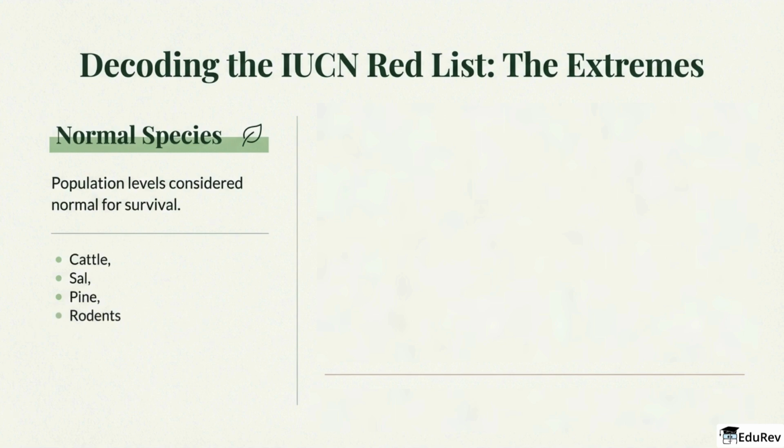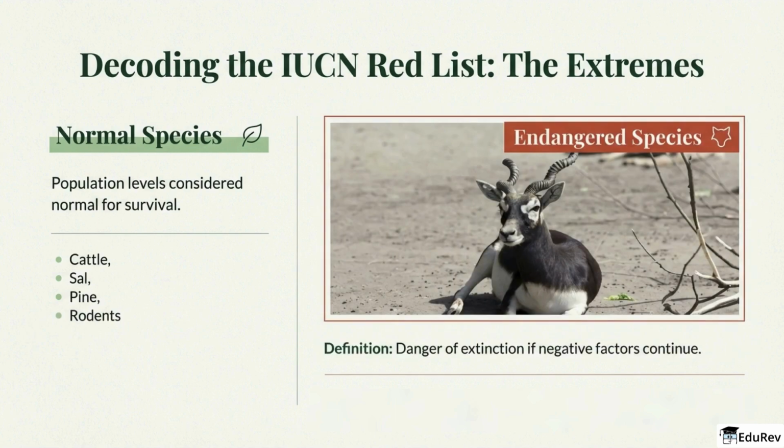Then on the other side, you have endangered species. Endangered means the species is in danger of extinction if the negative factors continue. And the examples you must retain are black buck, crocodile, Indian rhino, lion-tailed macaque, and sangai.